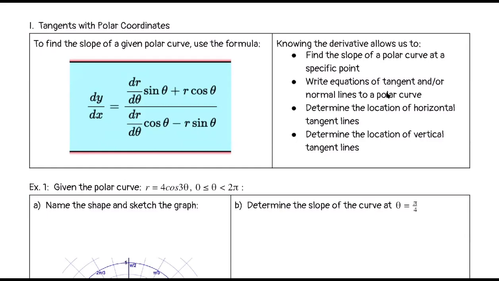If we can find the derivative, then we can find the slope of a polar curve at a specific point. We can write equations of tangent lines or normal lines to the polar curve, and we can determine the location of horizontal as well as vertical tangent lines. Those are the applications we're really looking for here.